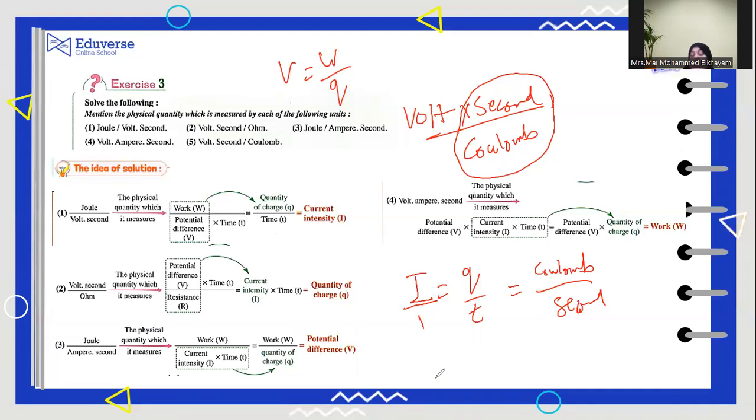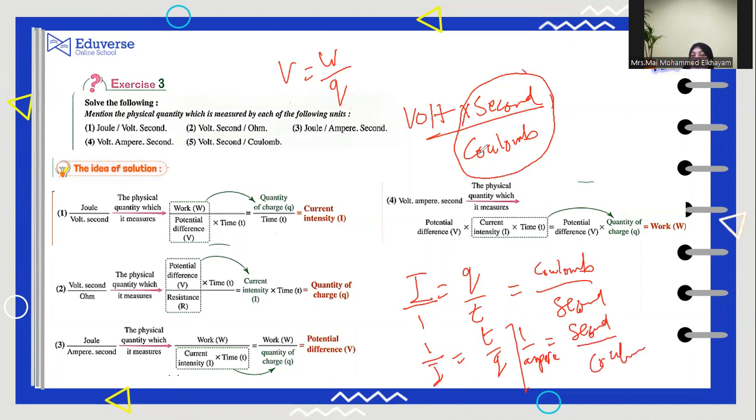This is a mathematical relation. If I'm going to make it 1 over I, it will be what? T over Q. Therefore, 1 over I equals second over coulomb, or 1 over ampere equals second over coulomb.